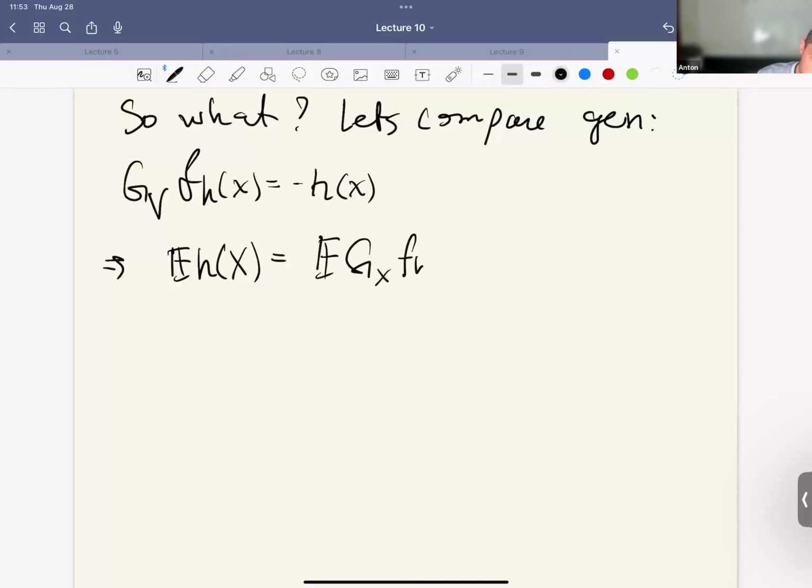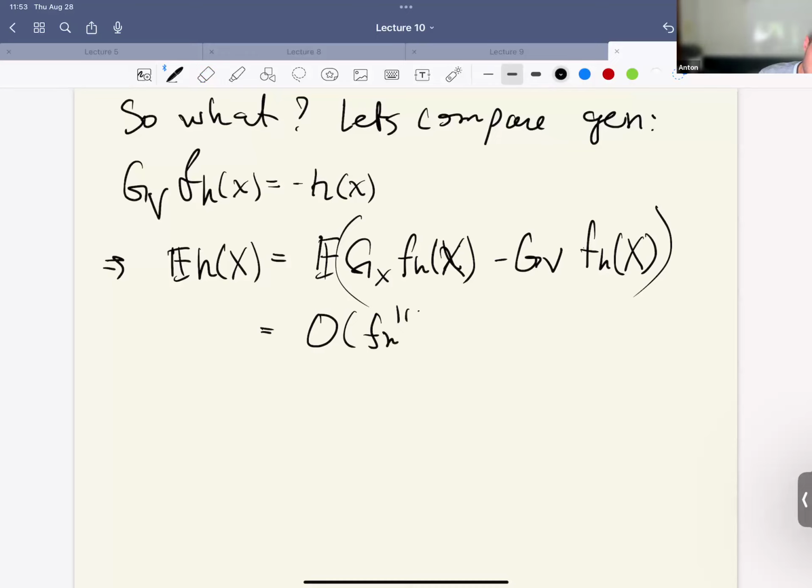Generator of the Markov chain applied to f sub h of x minus generator of the fluid applied to f sub h of x. And this is order, say, f sub h double prime. There's a lot hidden in that order part, but the fluid captures the first order dynamics, and what's left over are the second order dynamics. And this equals some test function of x.